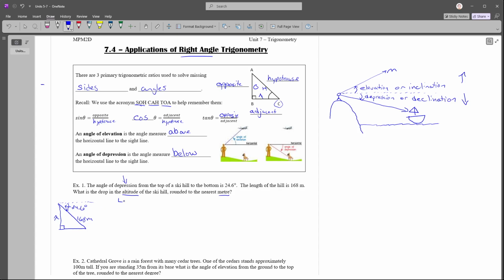So our let statement is going to be: let x be the altitude, or the height (in brackets, I'm going to write height, just so you have that in your notes) of the ski hill.